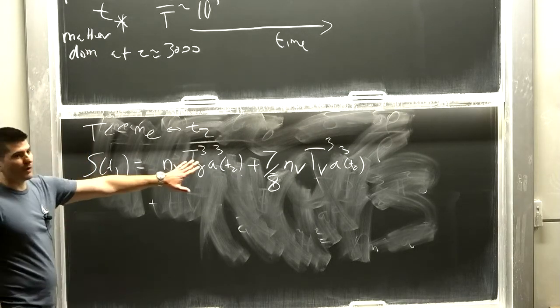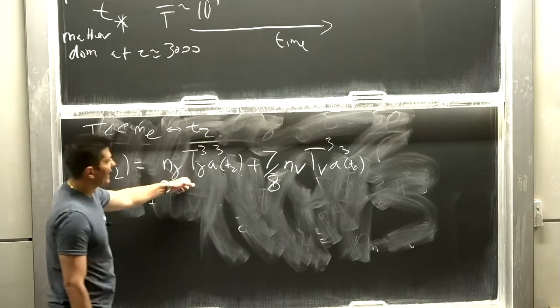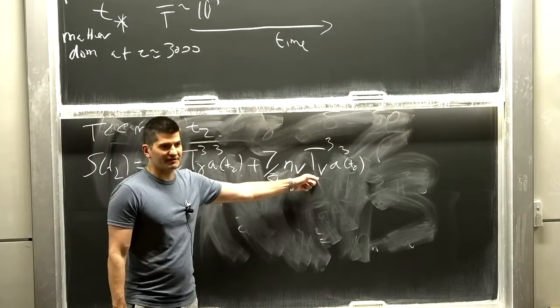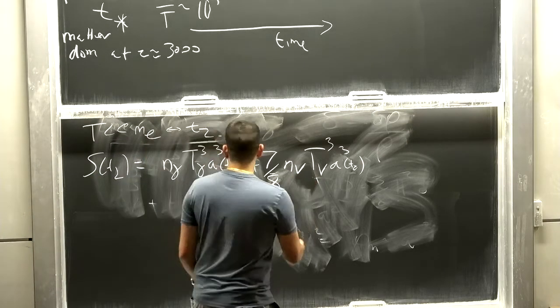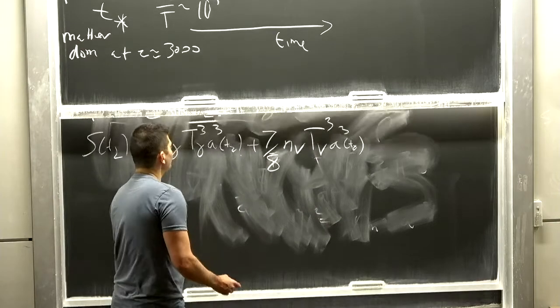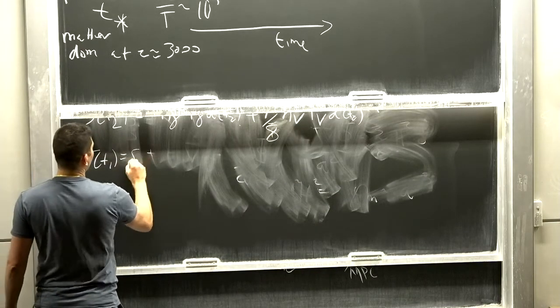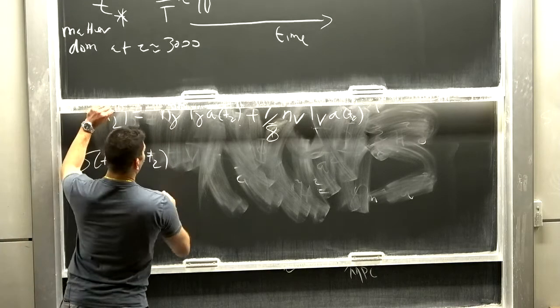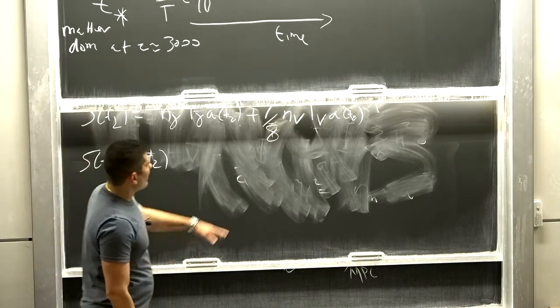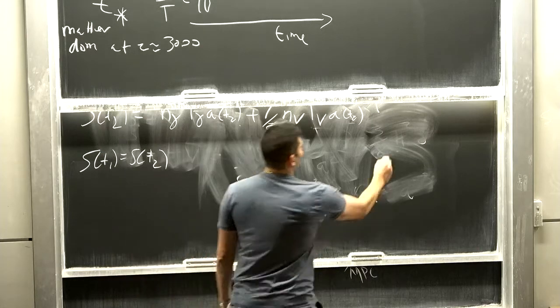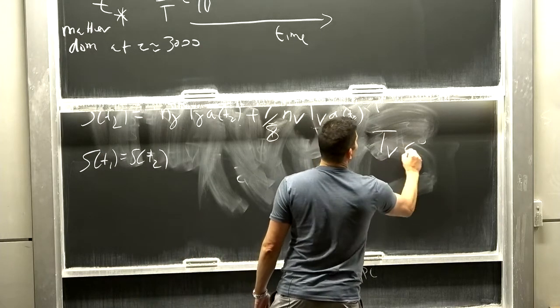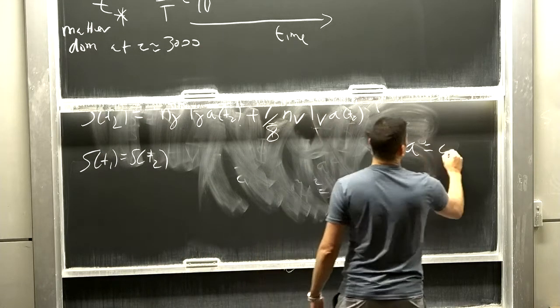Now we just want to equate these things and solve for T gamma. Notice that I have not made T gamma the same as the neutrino temperature. So now we just say S of T1 is equal to S of T2. It's important that T nu times A is a constant, right?